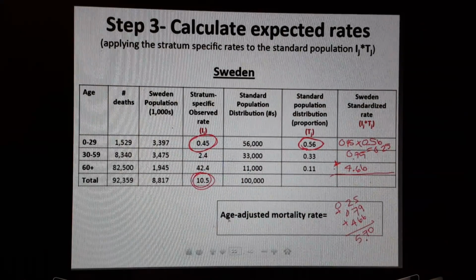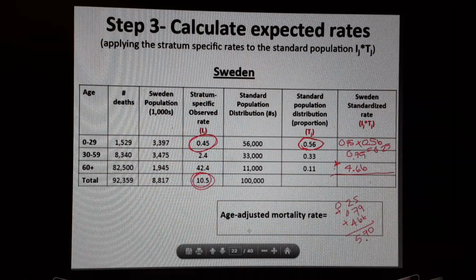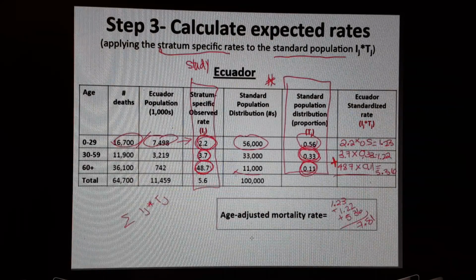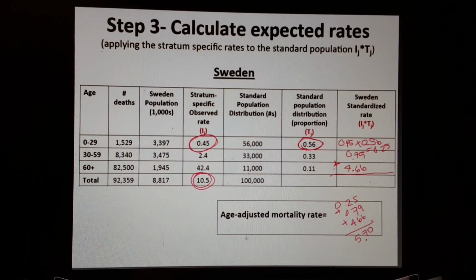Okay, the age-adjusted mortality rate of Ecuador is 7.81.